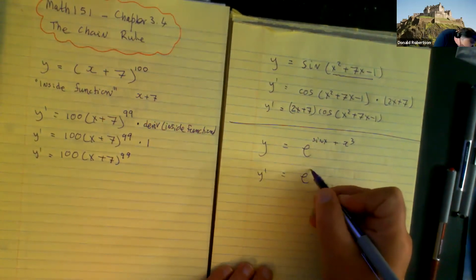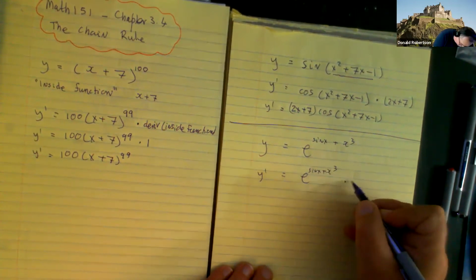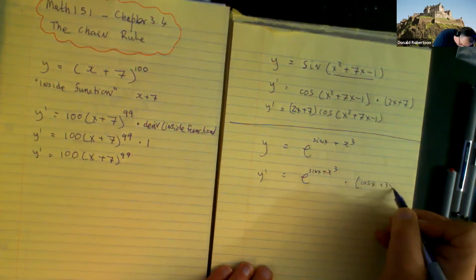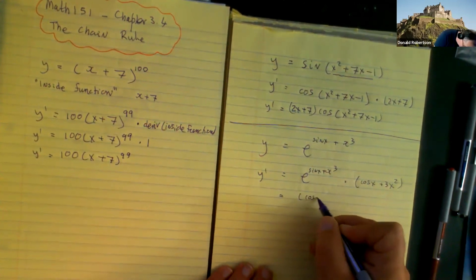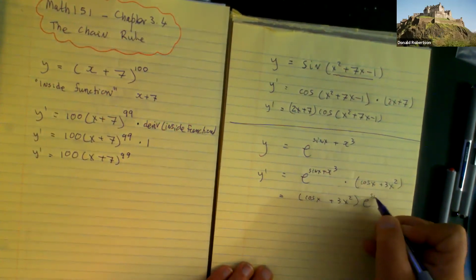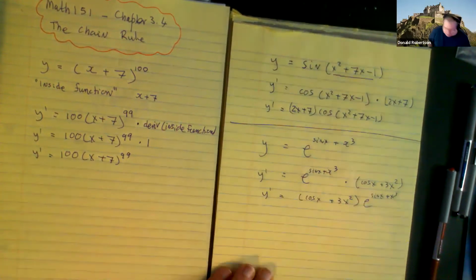It's e to the inside function times the derivative of the inside function. And normally you put that guy followed by that guy. So you don't have too much in the way of style points.